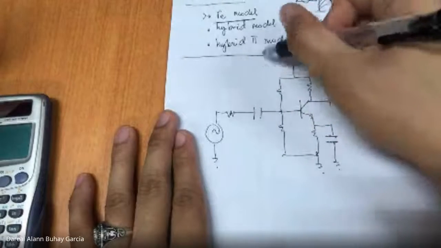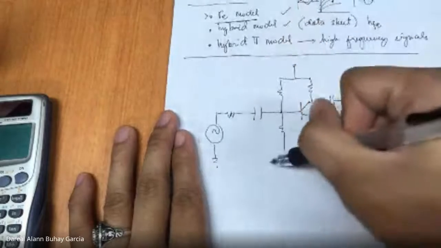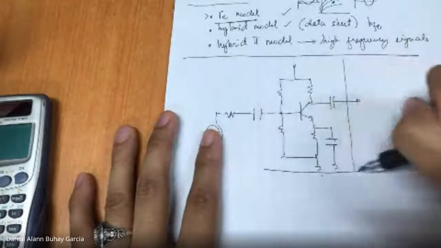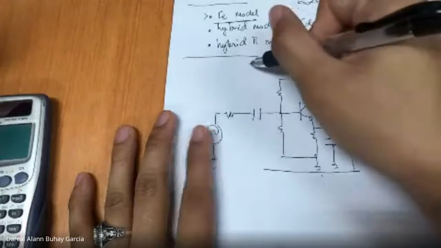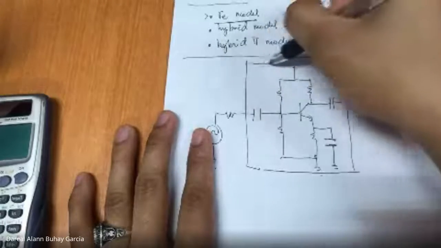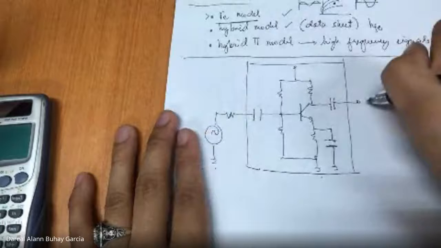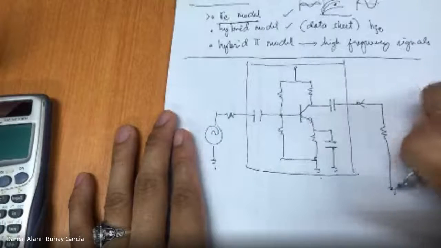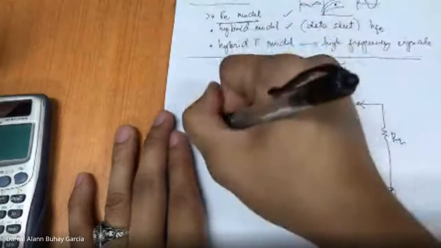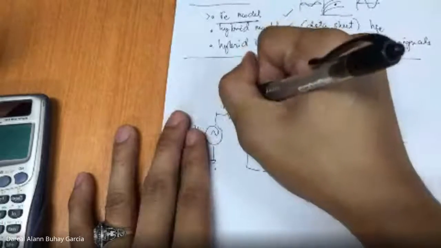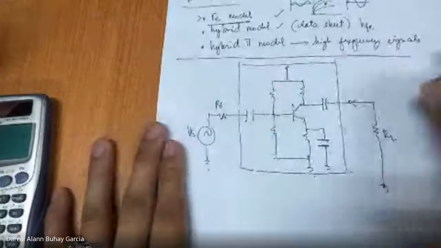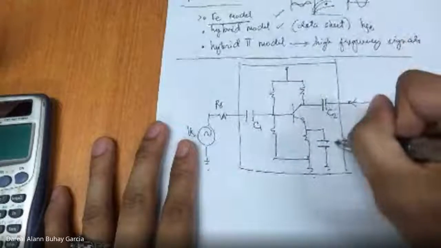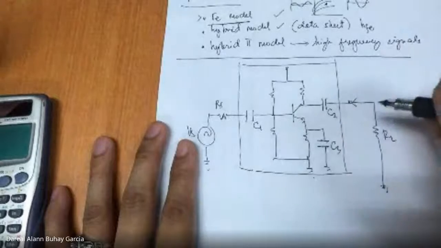Usually the load RL is not connected here. We have the input voltage source. We have two coupling capacitors, C1 and C2, and a bypass capacitor, C3.